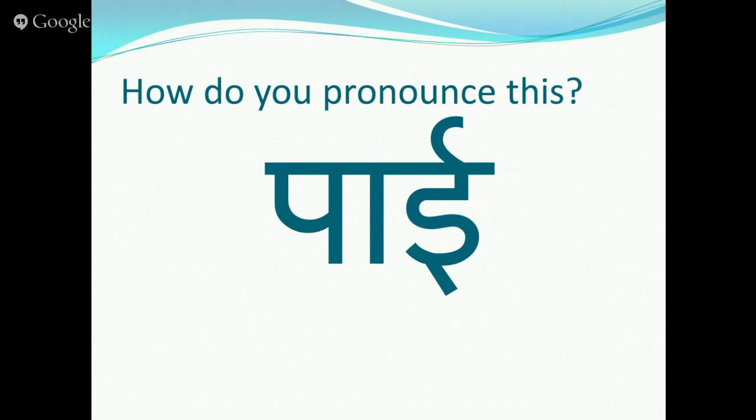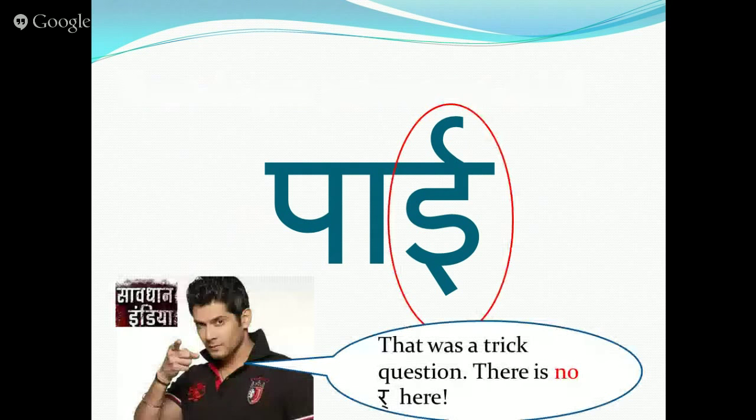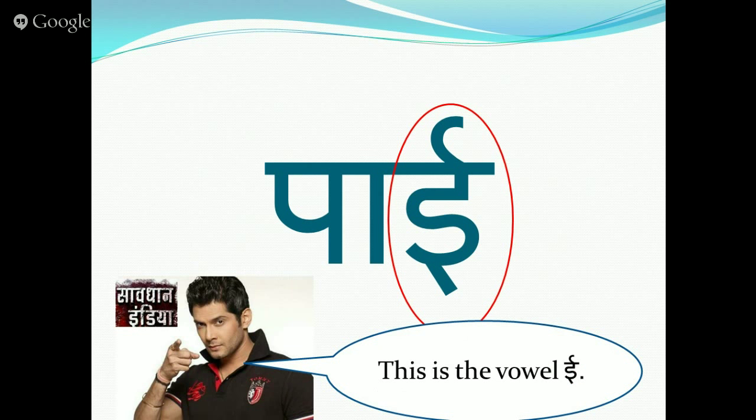How would we pronounce this? Now, this was actually a trick question. There is no ra in this image. Take a look. What is that thing that we're seeing there? That is the vowel E in its non-matra form.